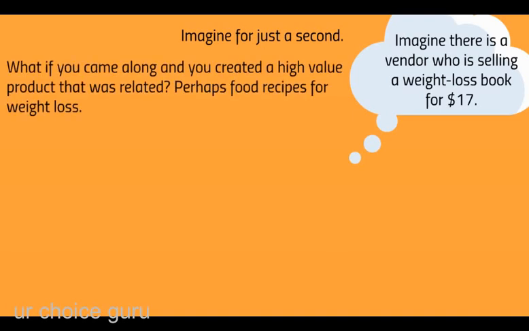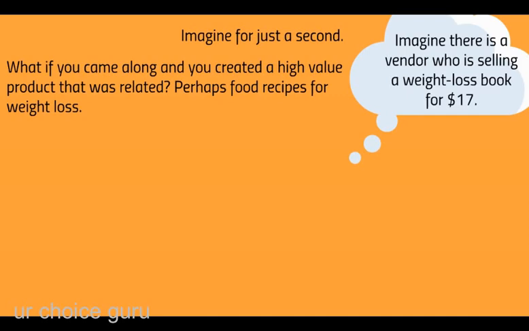What if you came along and created a high value product that was related? That book talks about weight loss, maybe weight training, cardio exercises, and all that, but it talks nothing about food or diet or anything like that. So you come along and find these vendors that are really focused on this particular aspect, or anything that is not related to food.